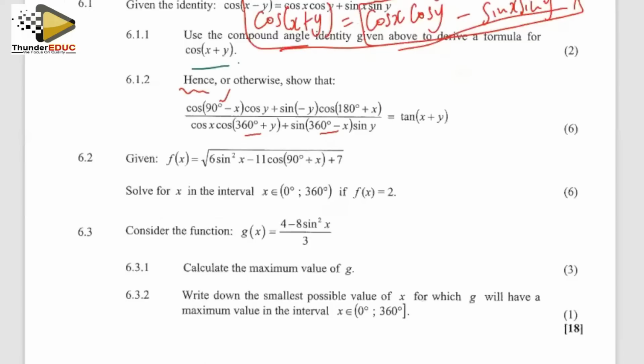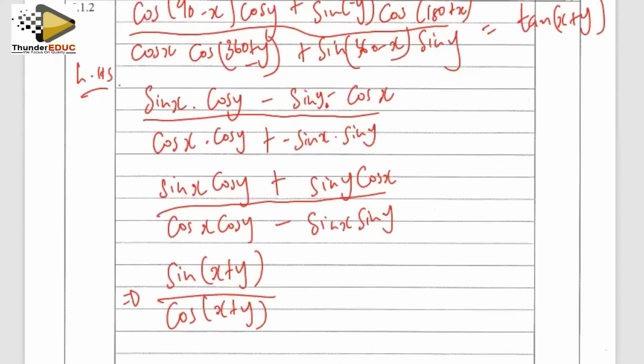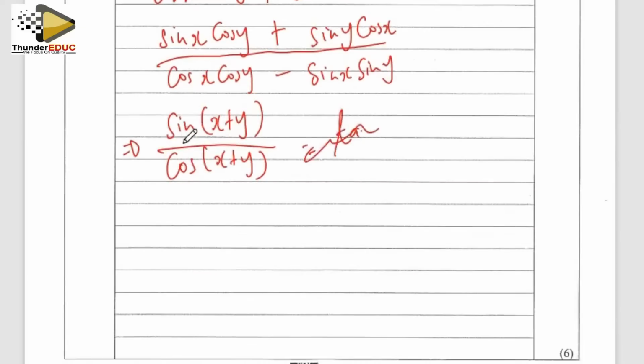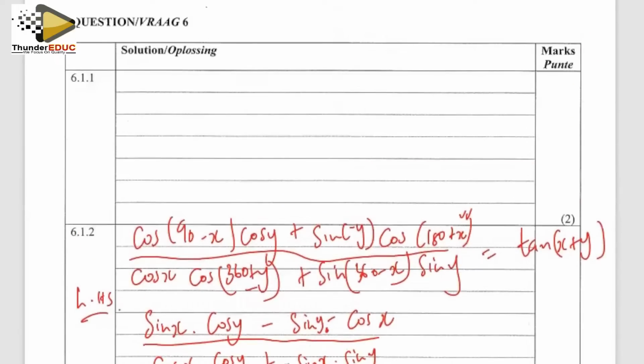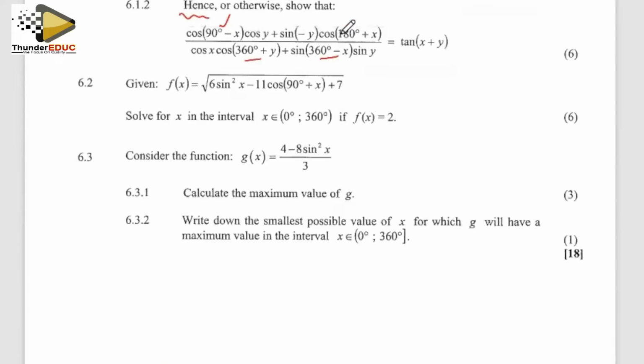But we know that sine over cos must give us the tan. Okay, identity of sine over cos, that must give us the tan of x plus y, which is equal to the right-hand side. All right, so that is how 6.1.2 would have been approached.